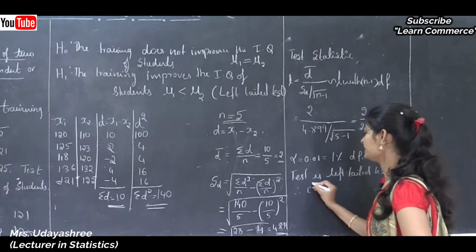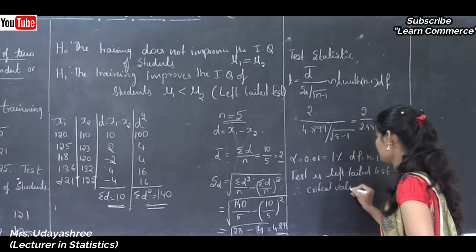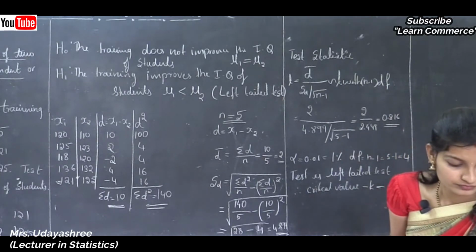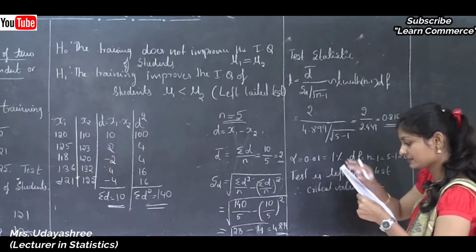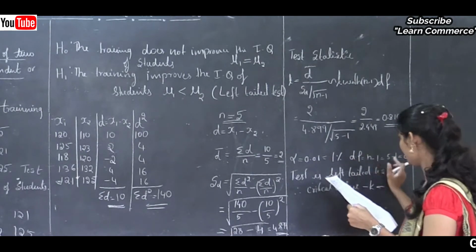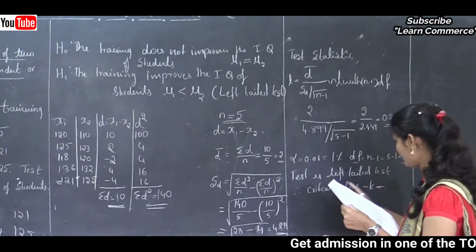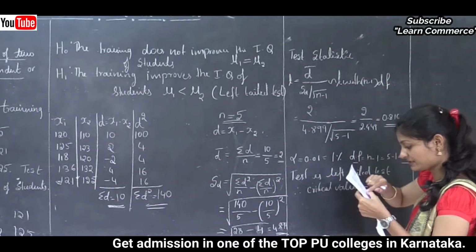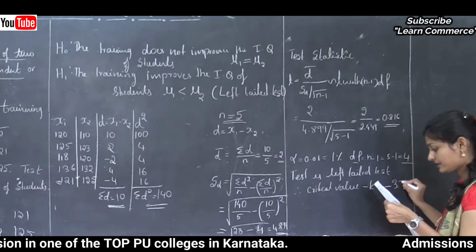Therefore the critical value, that is minus k: this is a one tail test, the degrees of freedom is 4, and the level of significance is 1%. Therefore the k value is minus 3.75.